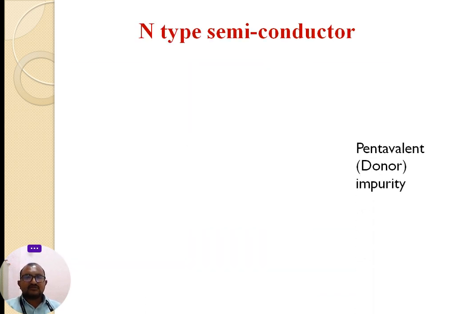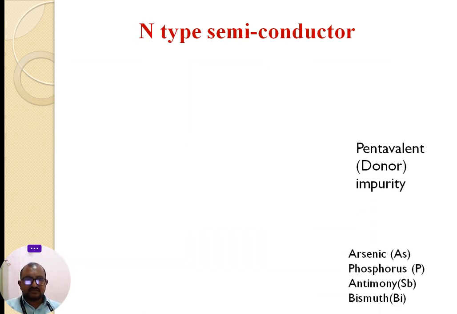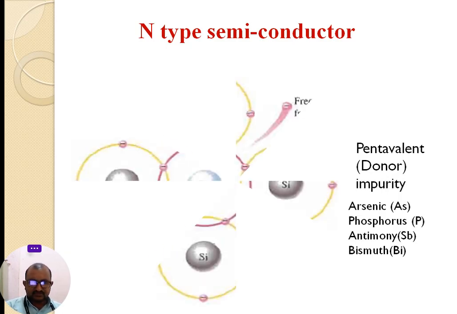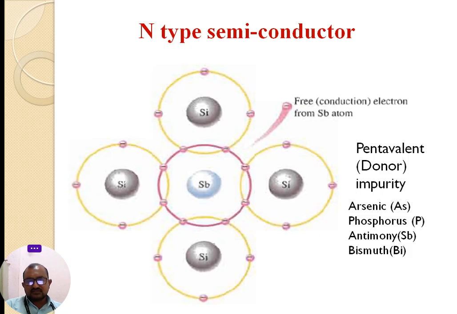First of all, we study the N-type semiconductor. If a pentavalent impurity is added to a pure semiconductor, it forms the N-type semiconductor. The pentavalent impurity is called a donor impurity. The pentavalent impurities are arsenic, phosphorus, antimony, and bismuth. Suppose we consider a silicon crystal containing an antimony atom at the central position.